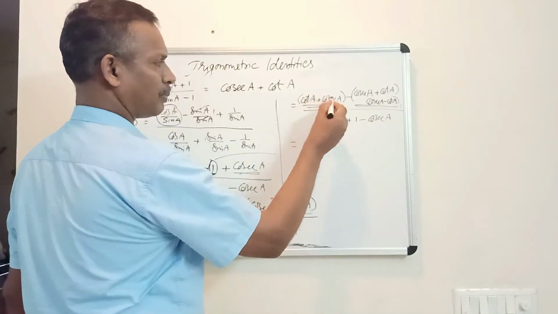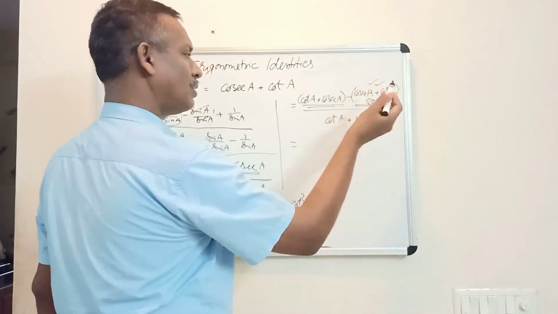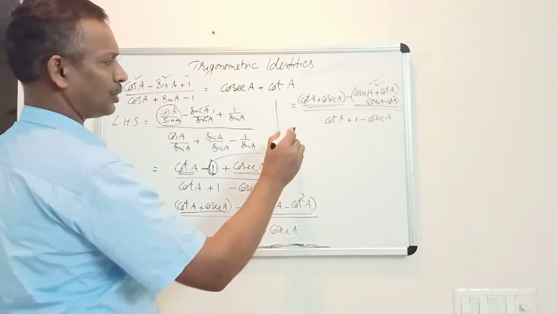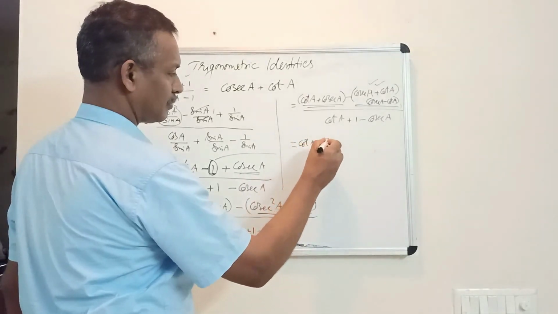Here there is cot A plus cosec A, and here cosec A plus cot A, both are the same, only rearranged. So you can take common cot A plus cosec A.